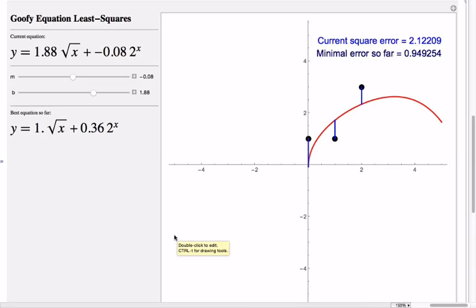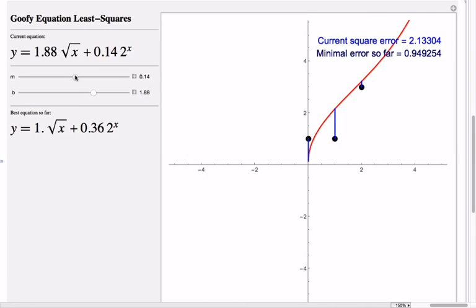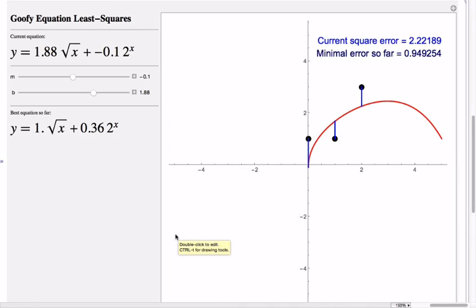And what we're interested in doing is finding that curve for which that squared error measurement is as small as possible. So this little applet is kind of keeping track in the upper right-hand corner of what the current amount of squared error is, as well as what's the smallest amount of squared error that we've found so far. So this amount that I have now is more than my minimum, so this is not my best fit.